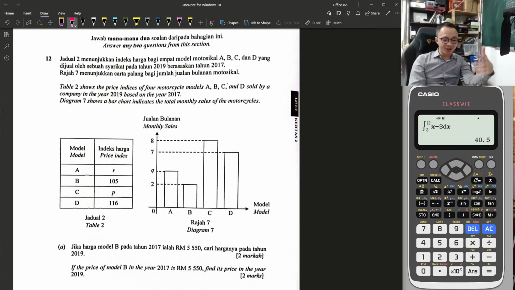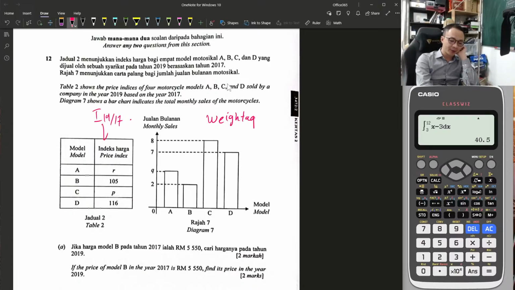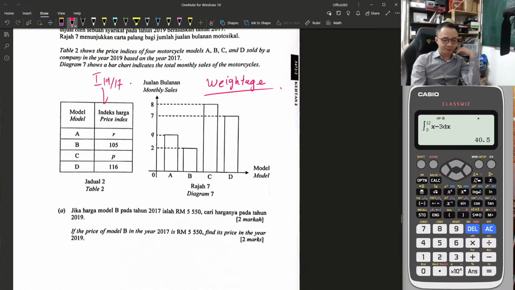This is all the information here, and this one is the index number for 2019 based on 2017, it's 19 based on 17. And this one, I believe, is the weightage, the weightage for all the models A, B, C, D. Right now we are talking about motorcycles. So part A: if the price of model B in 2017 is this price, and the index number is 105, what's the price for 2019?